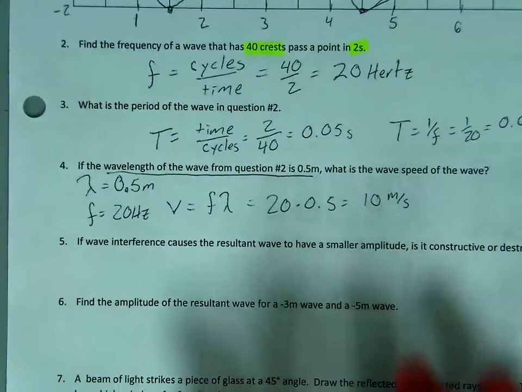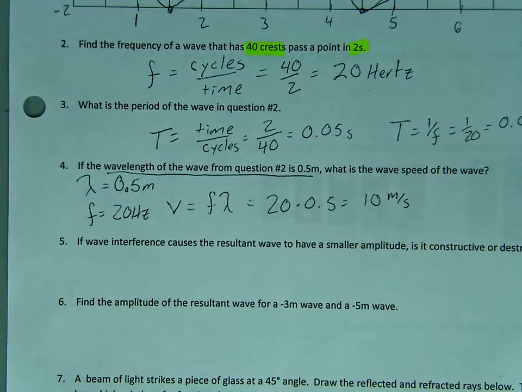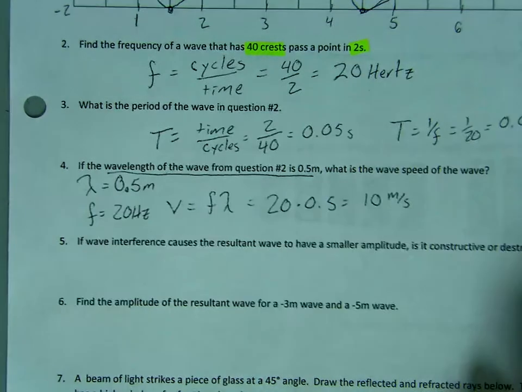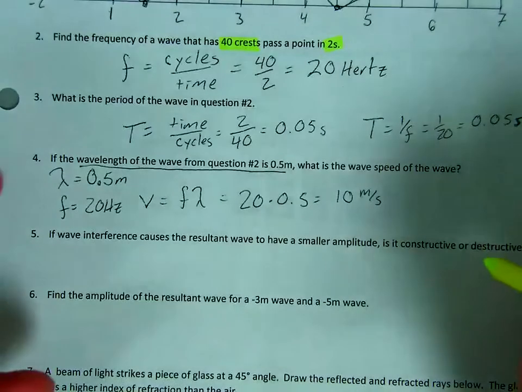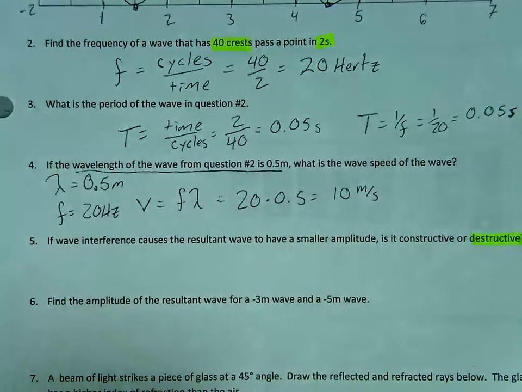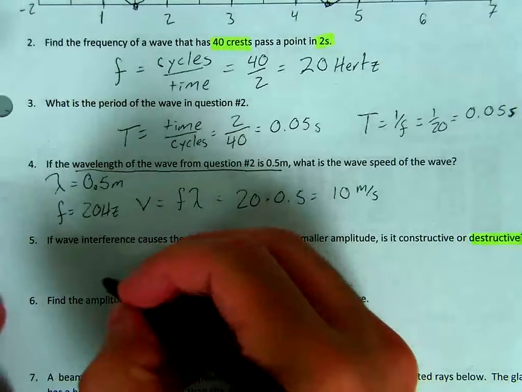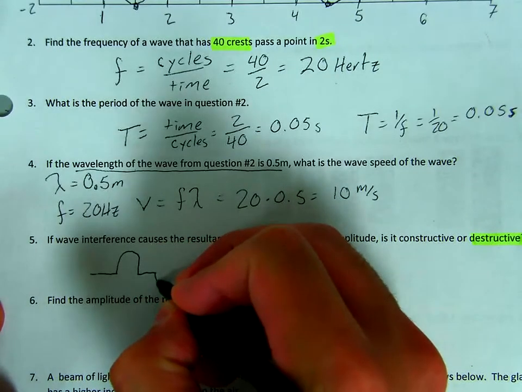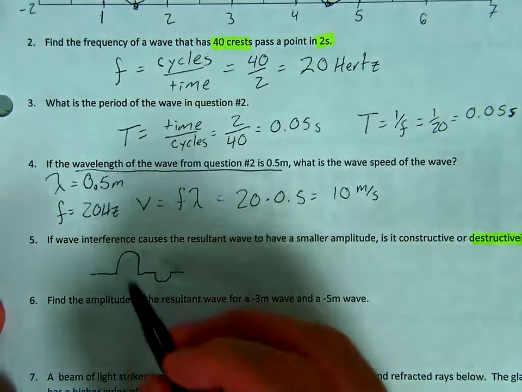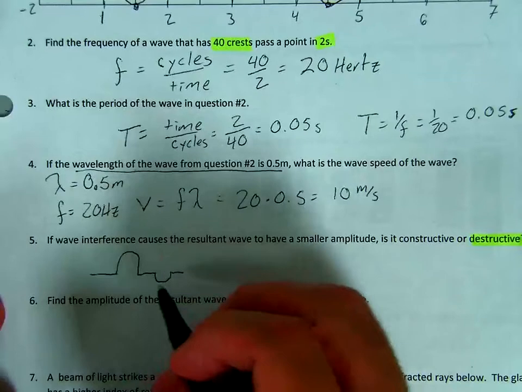For number 5, if wave interference causes the resultant wave to have a smaller amplitude, is it constructive or destructive? It's going to be destructive. So to explain this, to get an amplitude that's smaller, they're going to have to be on opposite sides of each other, so a positive and a negative.